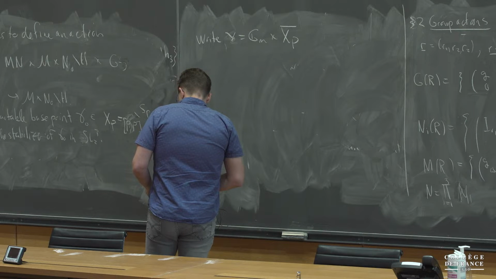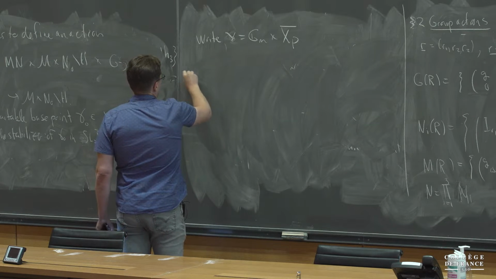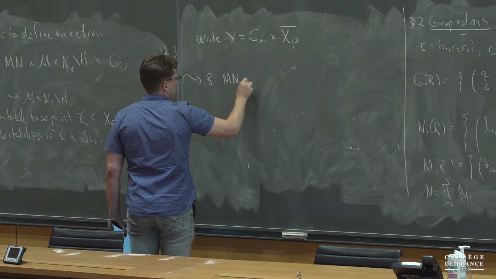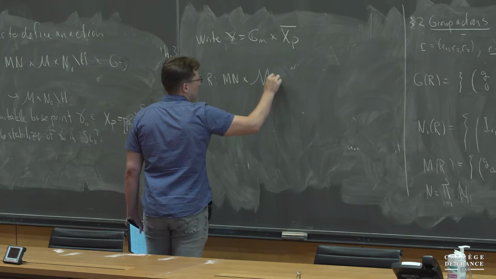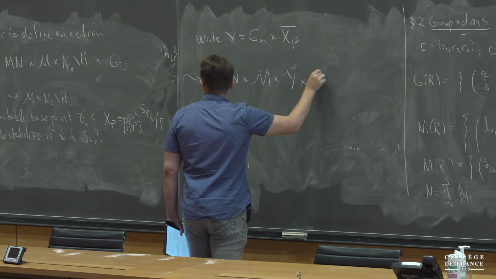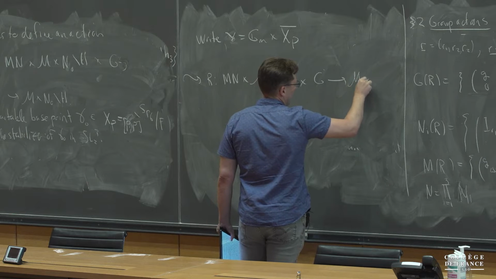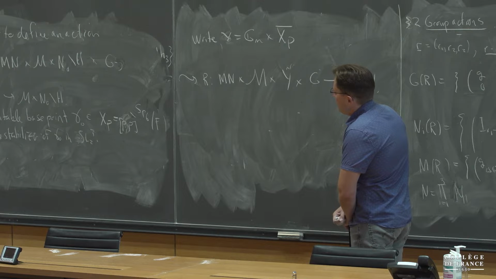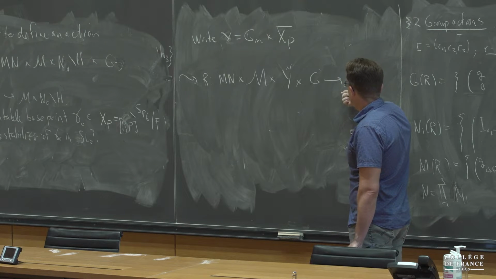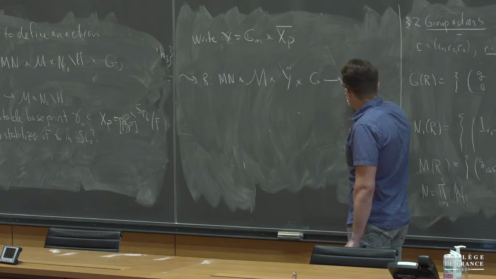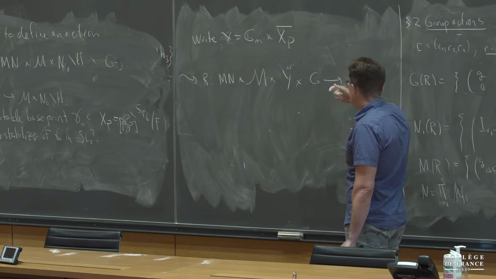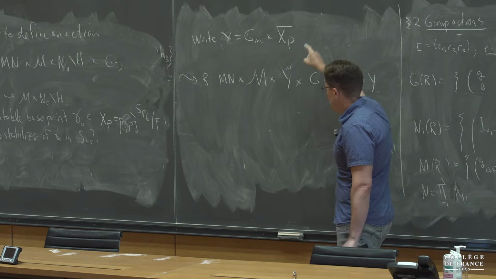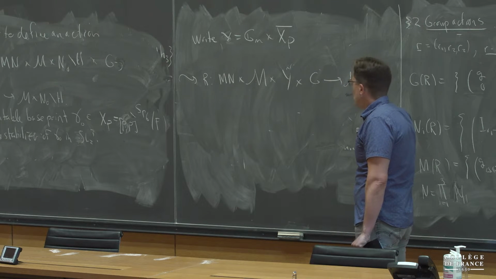And then I've constructed an action R from Mn cross M cross Y cross G to M cross Y. Okay. And let's see, while these things are still on the board, this is just GL R minus 2. In each factor, it's GL R minus 2 across some matrix. This is this thing that is written right here. Okay. All right.